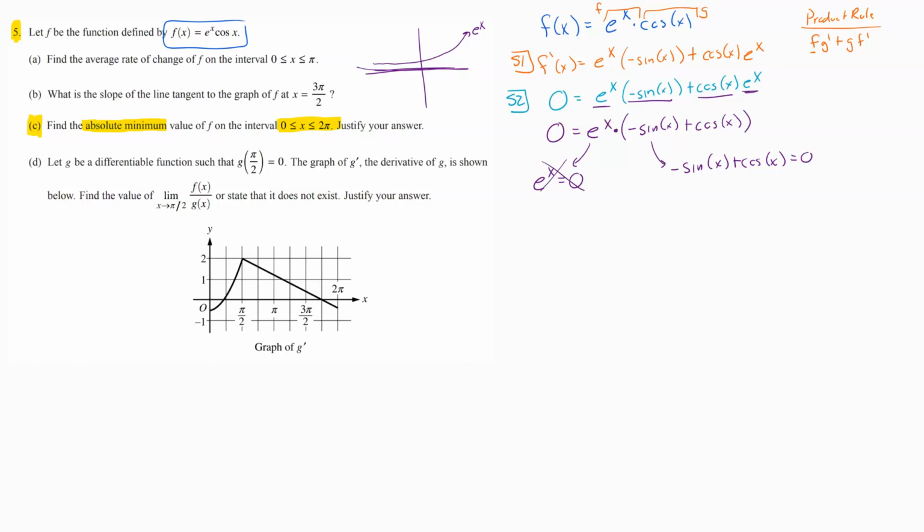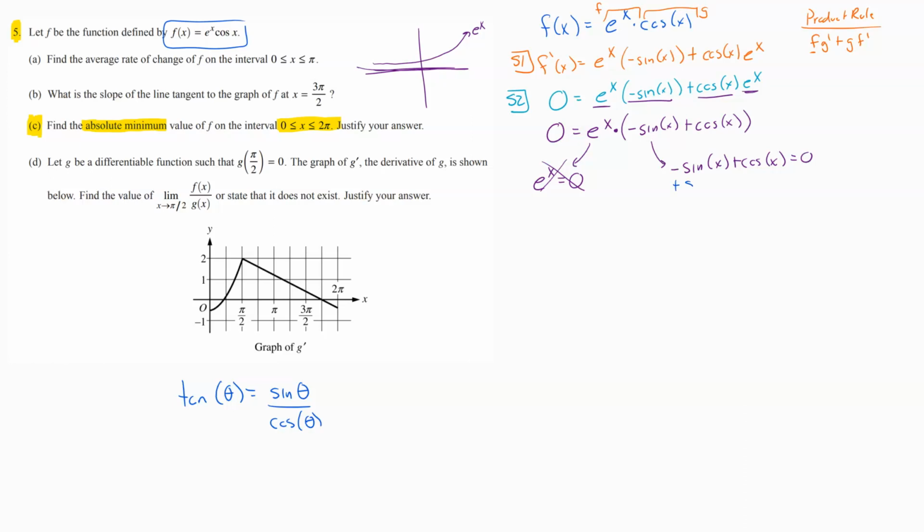From there, to solve this trig function, when you've got sine and cosine coming together and you're trying to figure out where that equals 0, you want to turn this, if you can, back into a tangent. Remember, the tangent of an angle theta is equal to sine theta over cosine theta. So I'm going to try to get this to look like tangent.